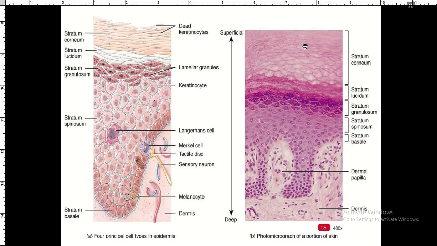Right, so this is what we are talking about here. This shows the layers of your skin. From here to here is your epidermis, and here is your dermis. There are epidermal ridges and dermal papillae forming the fingerprints.